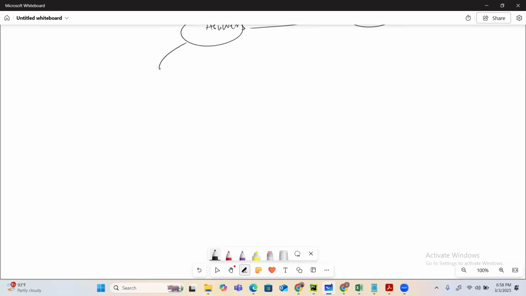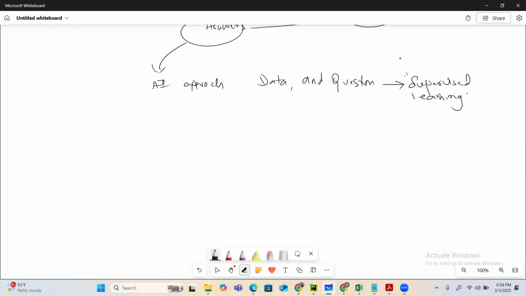So in the AI approach, we need to provide data and answers. Which learning is it? Supervised learning, right? Yes or no? Yes.